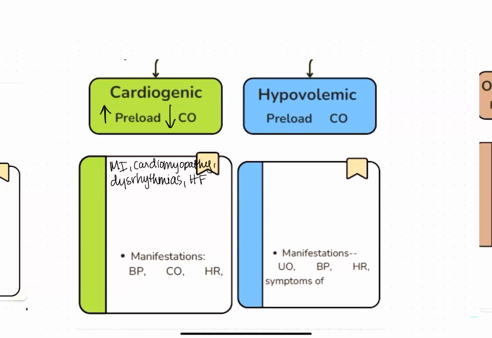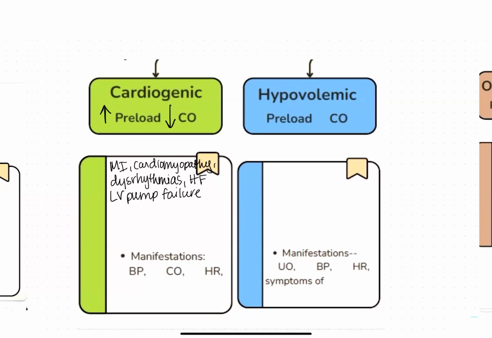In these cases, what we have is left ventricular pump failure. When the left ventricle fails or is no longer able to pump, then blood will start to back up into the lungs and will actually have symptoms of left-sided heart failure.